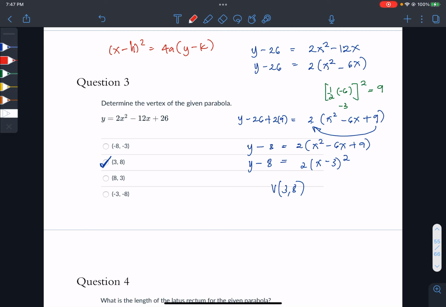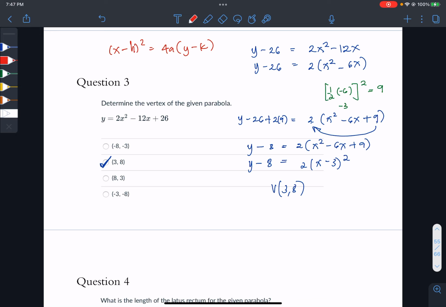So nagbaliktad lang, no? So this one, ang naka-square is yung ating x. Okay? So therefore, ang vertex natin yan is nasa y. So this one is opening upward or it is opening downward.